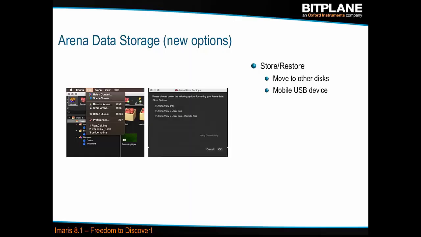And an even bigger one, which took quite a bit of effort to create, is the ability to support network drives. This is an intermediate step. We think that we're going to do more in this direction, but this helps you collaborate with colleagues that are remote, or in case you want to work remotely.